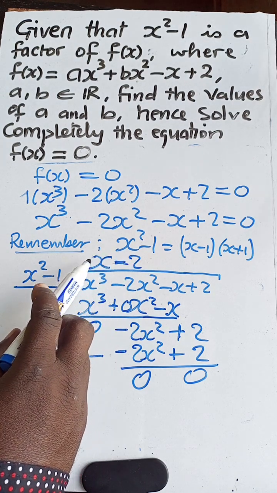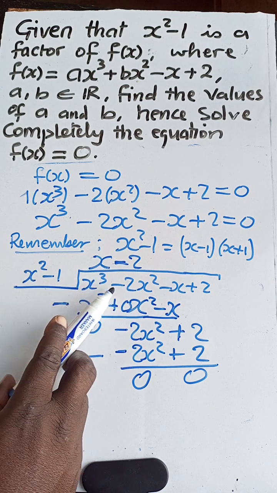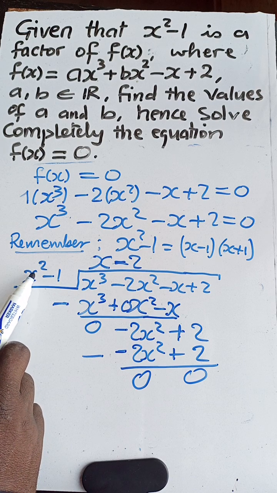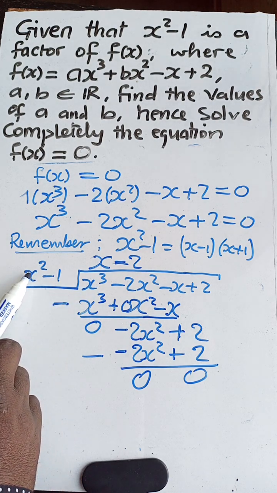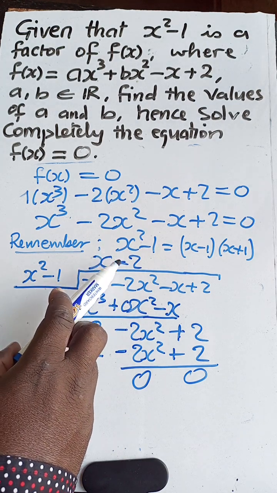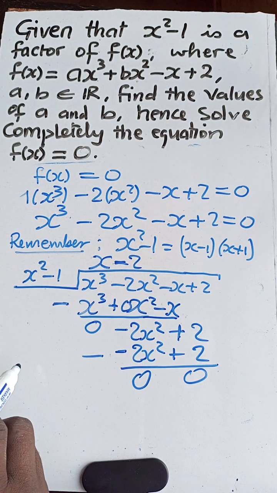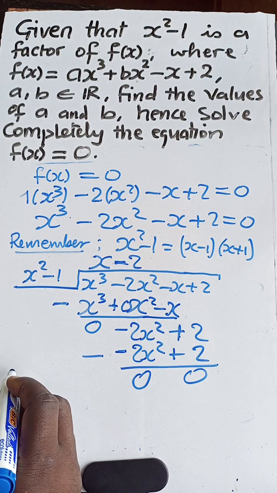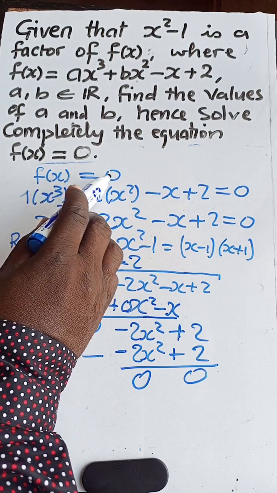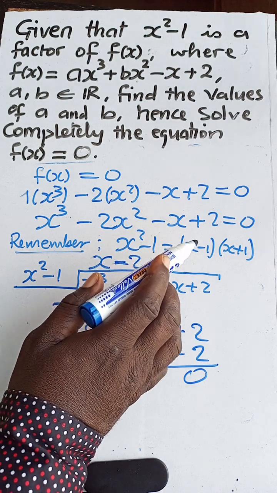And so our quotient up there is linear. We expect it to be linear because our polynomial was of degree 3 and the divisor here was of degree 2. A degree 3 divided by a degree 2 must give us a linear expression. And this already happens to be the third and last factor for this cubic expression. And so we can write f of x equals 0 now as, instead of writing this, it is a product of this, that, and that.